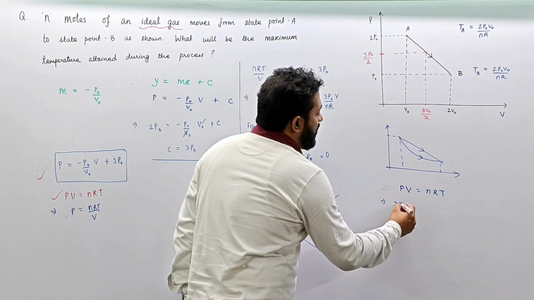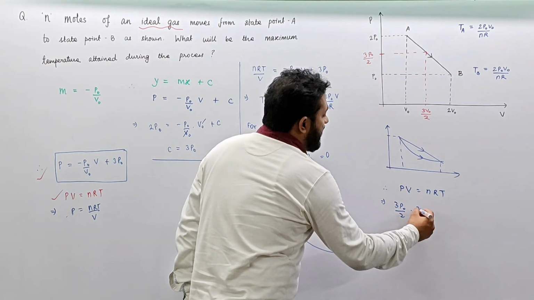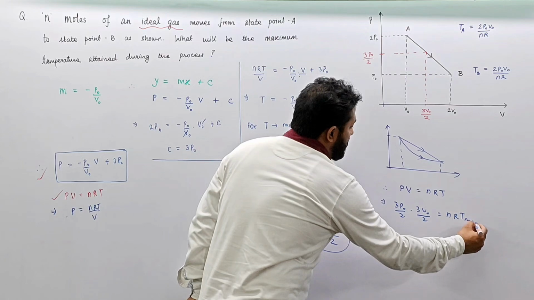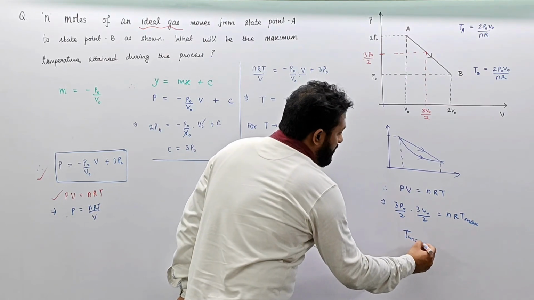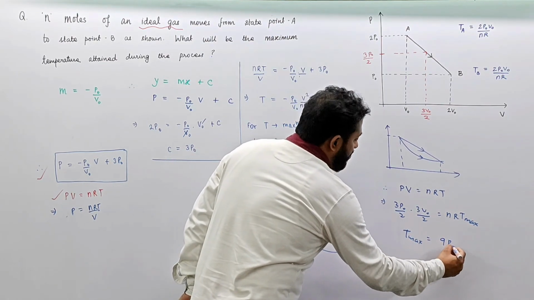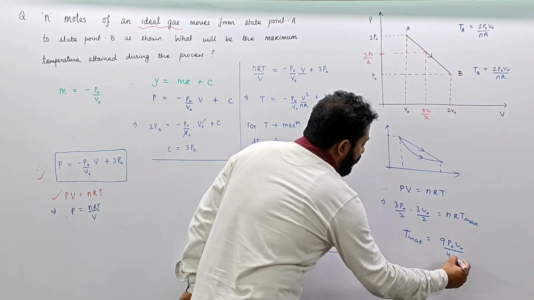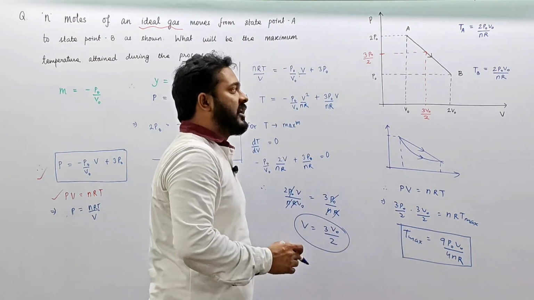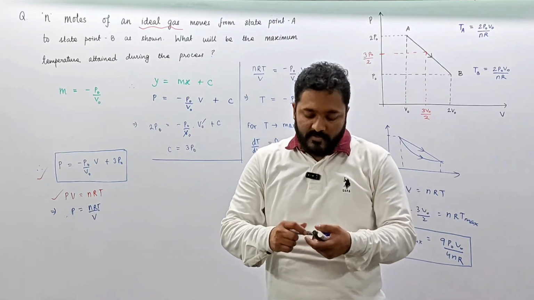So at pressure equal to 3 P naught by 2 and at volume 3 V naught by 2, we get maximum temperature possible. So maximum temperature possible is equal to 9 P naught V naught upon 4 nR. So this is the maximum temperature which is associated with this particular process.